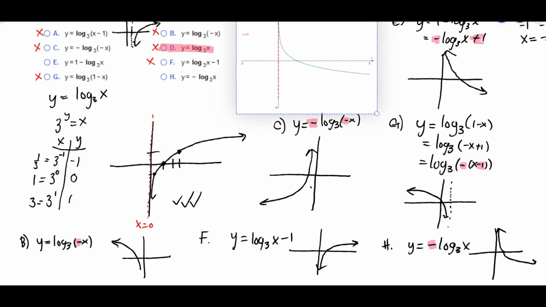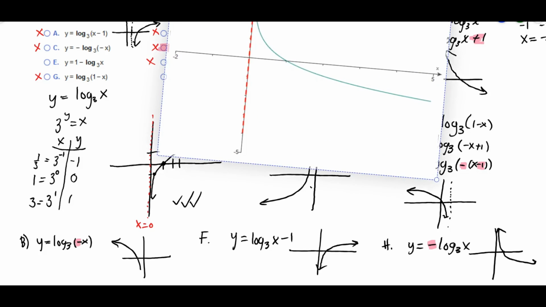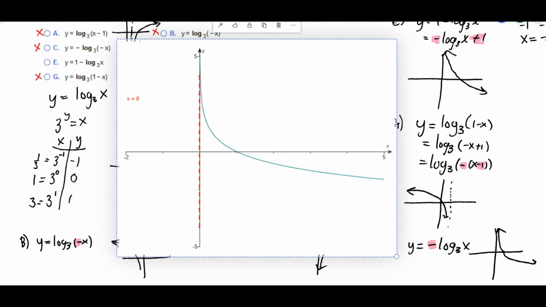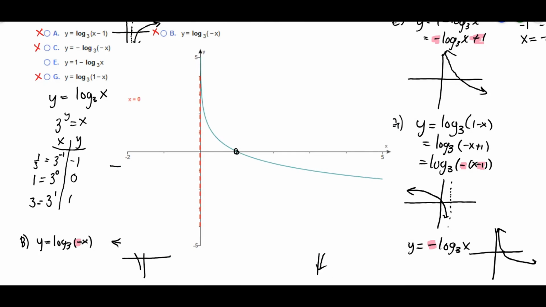So if I look closer at this picture, I can see that this point right here is 1, 0. And that point would only be on this one right here.